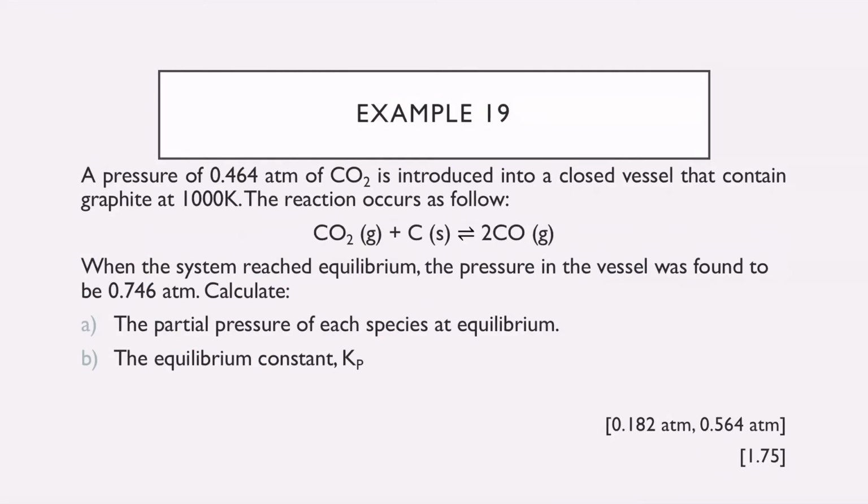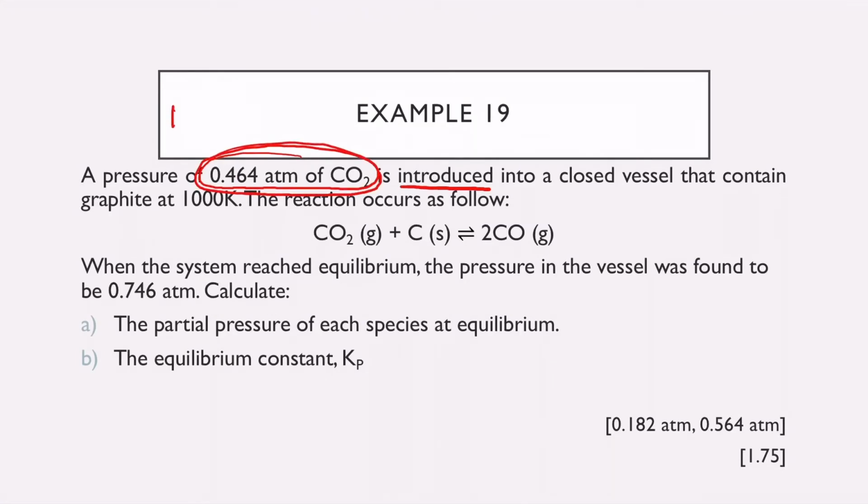Alright? Okay, I'm just going to give you some hints for this question. I'm not going to do it. So for this question, a pressure of 0.464 atm carbon dioxide is introduced into a closed vessel that contains graphite at 1000 Kelvin. So the reaction occurs as follows. When the system reaches equilibrium, maksudnya this one, the pressure 0.464 atm ni is not the pressure at equilibrium for carbon dioxide.